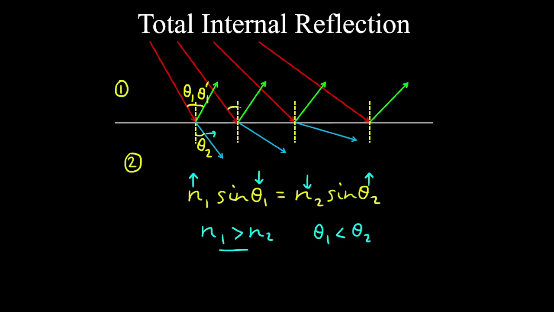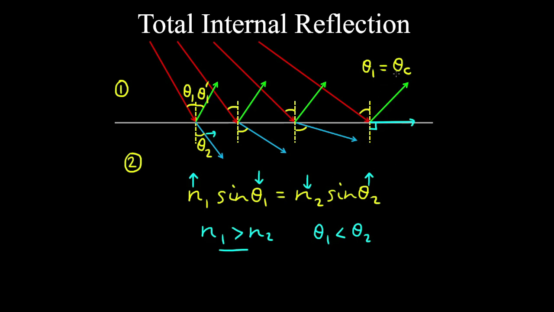Now if we keep increasing the incident angle, the refracted beam keeps going away from the normal, as we can see, until we reach this critical case where the incident angle becomes a critical angle. So at the critical angle, the light ray refracts at 90 degrees to the normal to the surface, so it travels along the surface of the material.